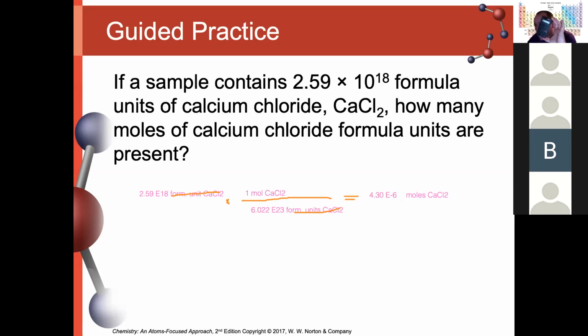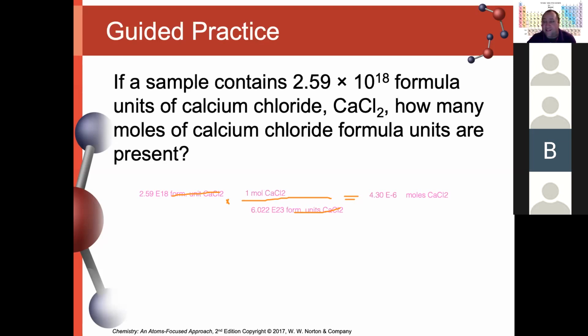If you have a TI model, it's going to show up as an EE in one of your secondary functions. If you have a Casio like I do, it's going to be the EXP button, which is this one right here.